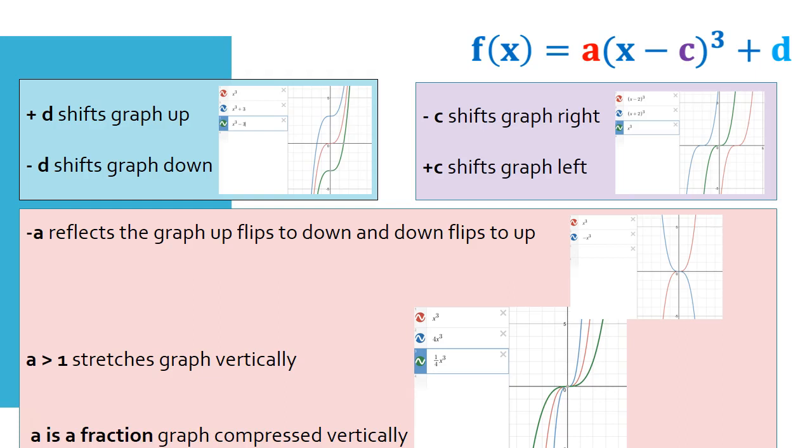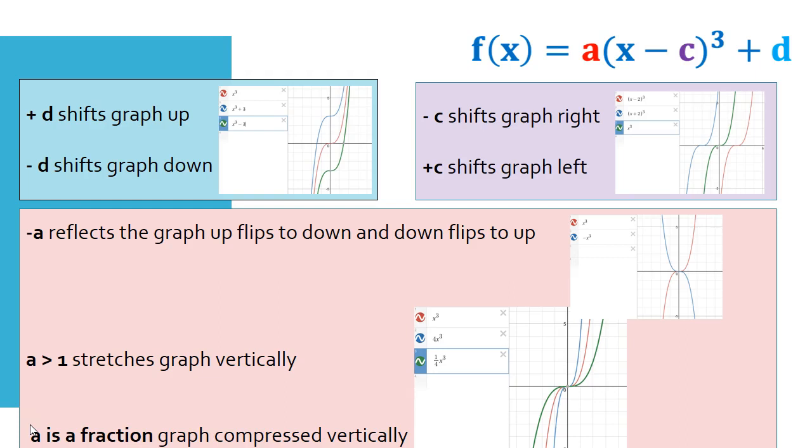Now, the parameter A actually can do 3 things. If A is negative, then it's a vertical reflection. It flips your graph up or down. If A is greater than 1, then it is stretching your graph vertically, otherwise known as a vertical stretch.